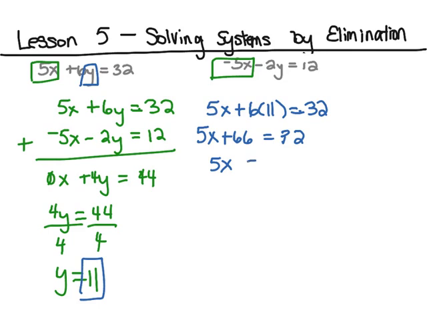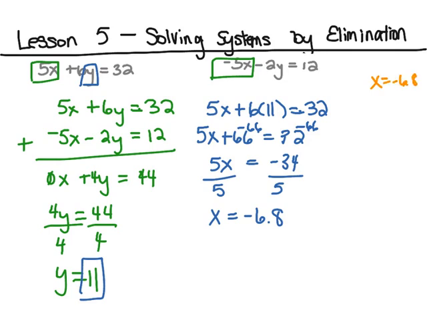Subtract 66 from both sides, and you have 5x equals negative 34. Divide both sides by 5, and x is equal to negative 6.8. So our x is equal to negative 6.8, and our y is equal to 11.